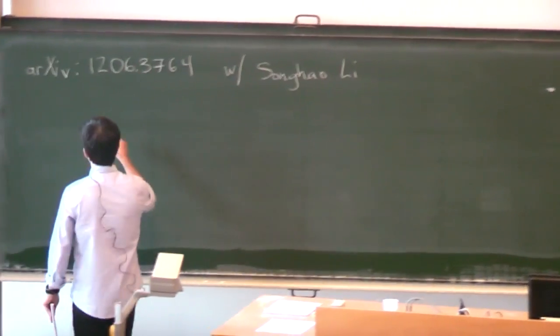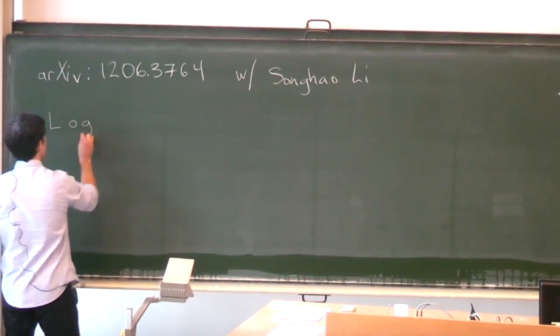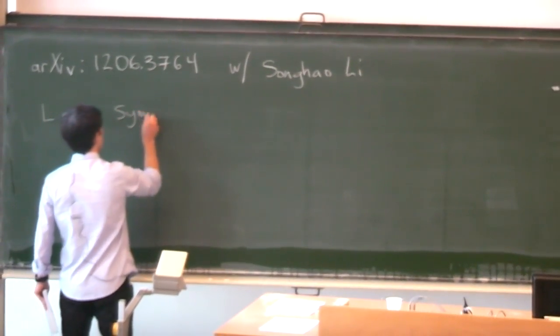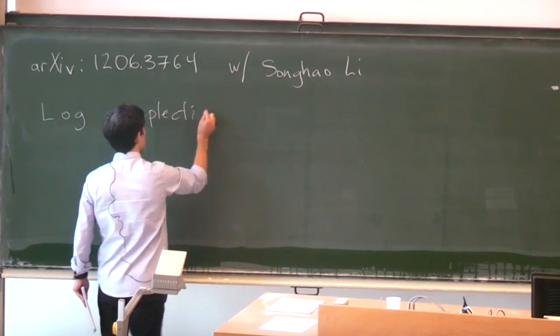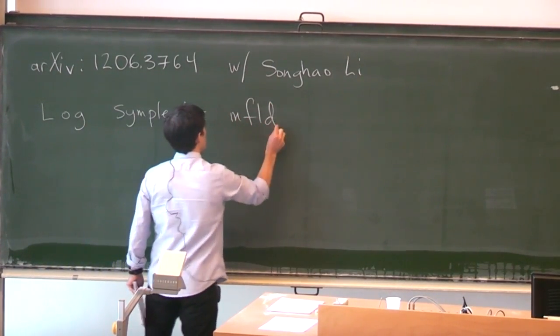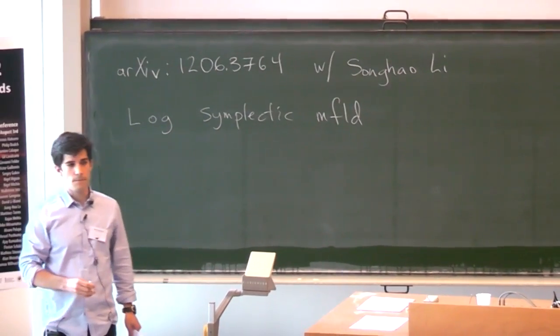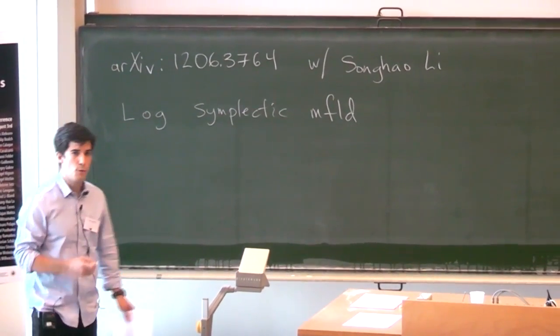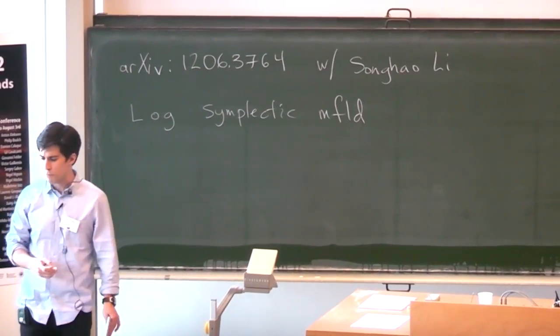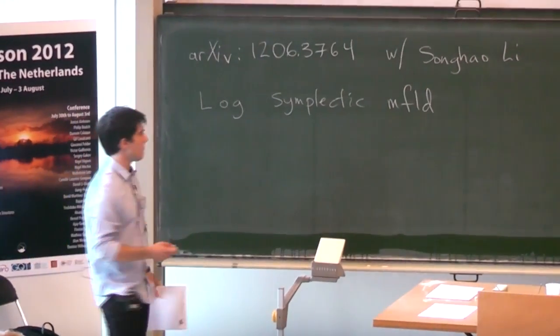Okay, so a log symplectic manifold is something I learned about at Poisson 2004 from Olga Radko, who studied the two-dimensional case and discovered some pretty amazing things about these manifolds.